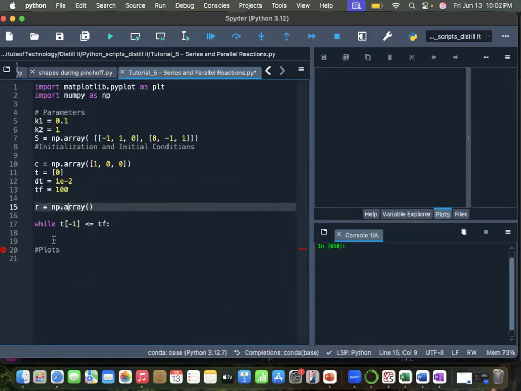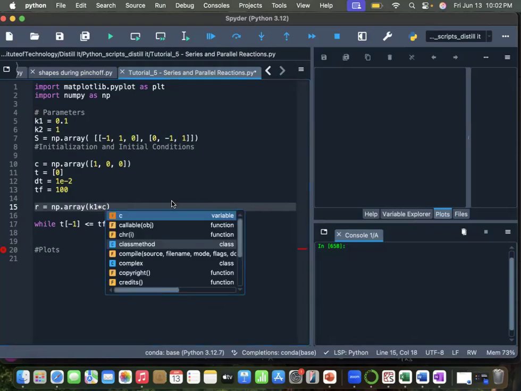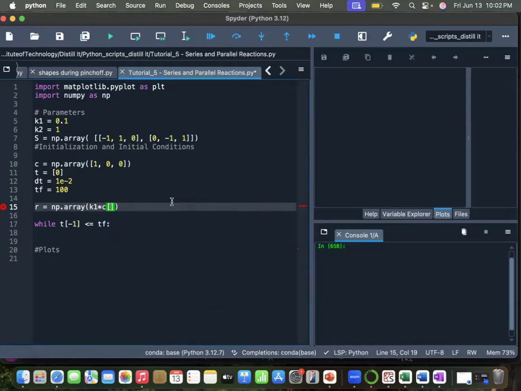So that's going to be minus K1. The first reaction has K1 times Ca, which is just C0, right?